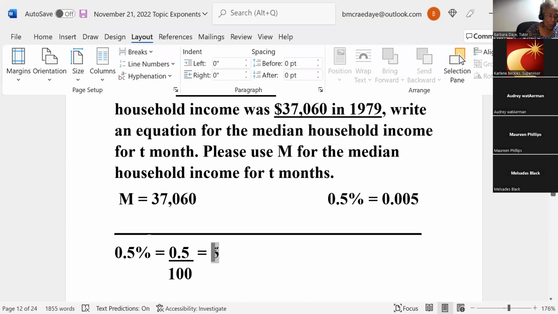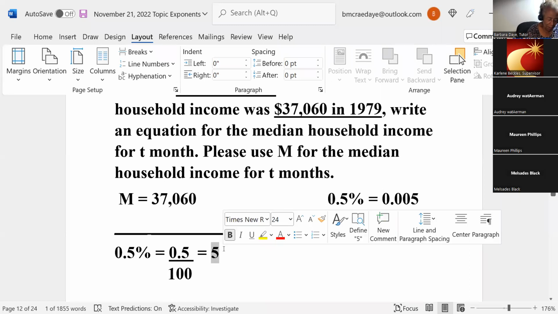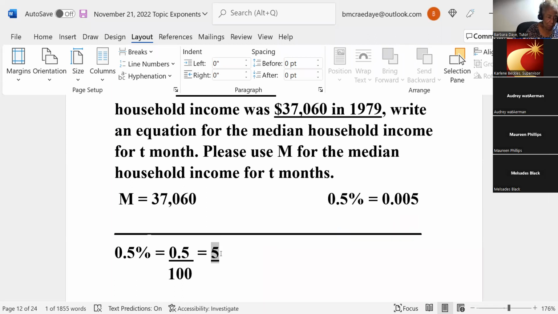Now I shift the denominator the same number of places. And what does that become, Mercedes? 100 becomes what? 1,000. Very good. So 5 over 1,000 is 0.005 as a decimal, because that's tens, hundreds, thousands.